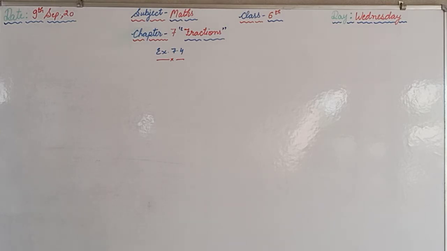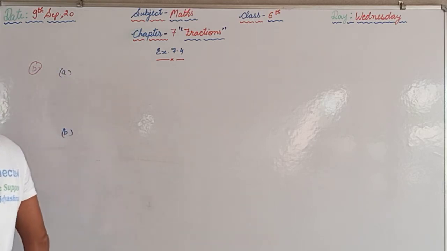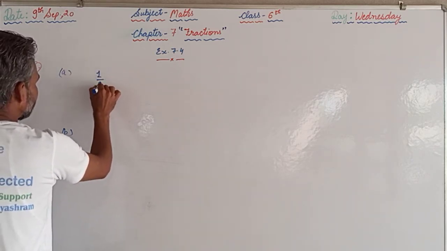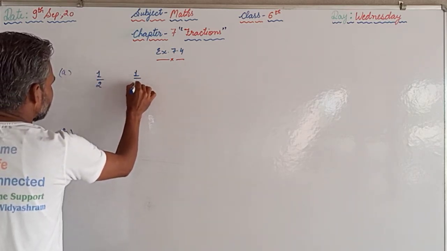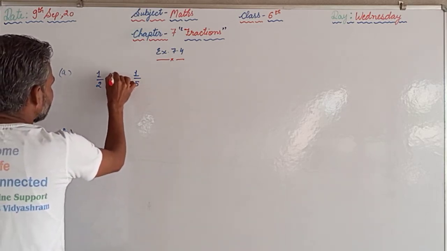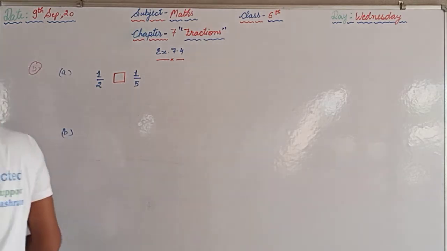I will take 1, 2 parts and the remaining you are supposed to do by yourself, that is A part and B part. A part is 1 upon 2, 1 upon 5, with a box between. Then 2 upon 4, 3 upon 6.